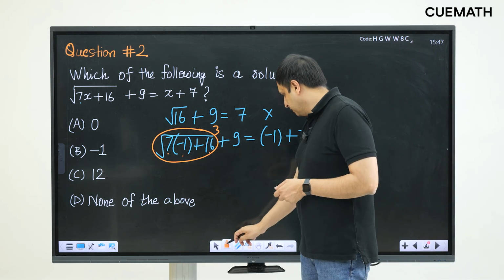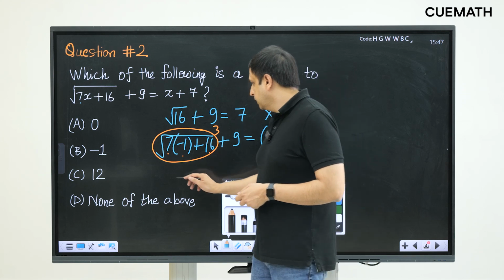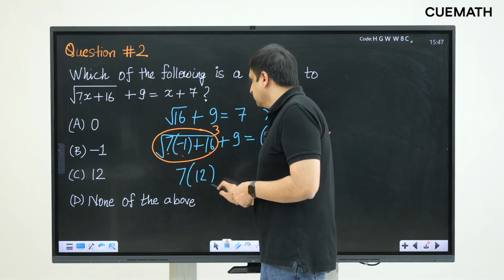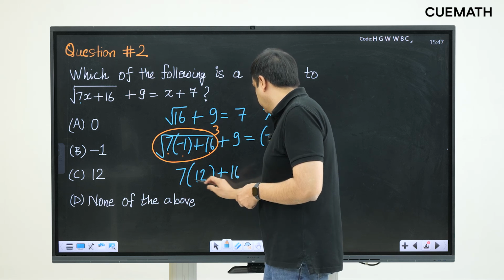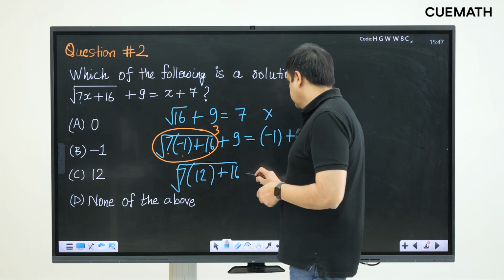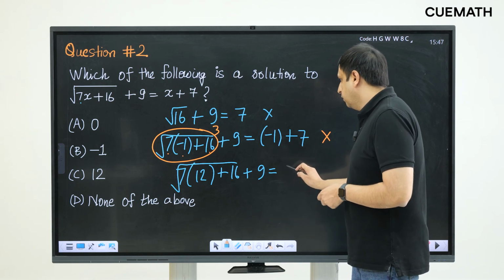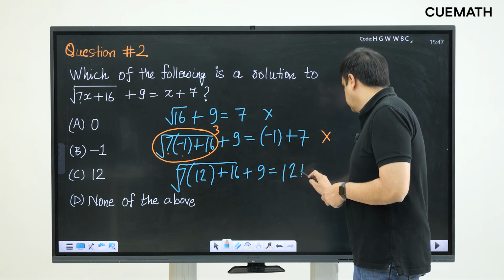Now let us try 12. If I put 12 on the left side, I get 7 times 12 plus 16, the square root of this, plus 9 on the left side, and on the right side I will get 12 plus 7.